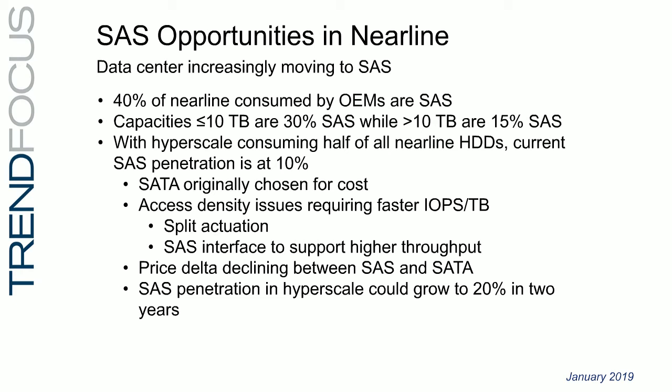So the higher the capacity of the drive, that ratio of IOPS per terabyte, known as access density, continues to decline. Essentially, you get the same input outputs per drive, but on a larger capacity drive that has to serve larger and larger amounts of data.